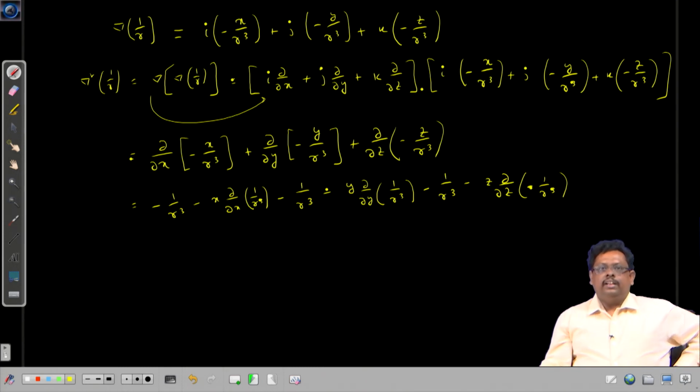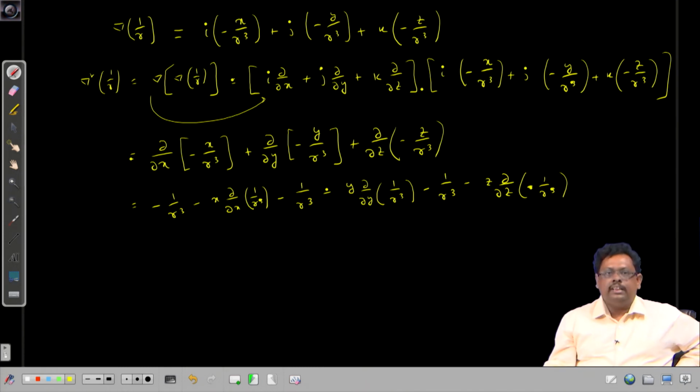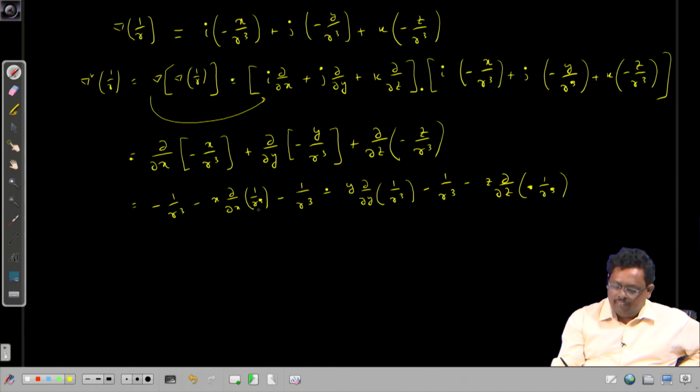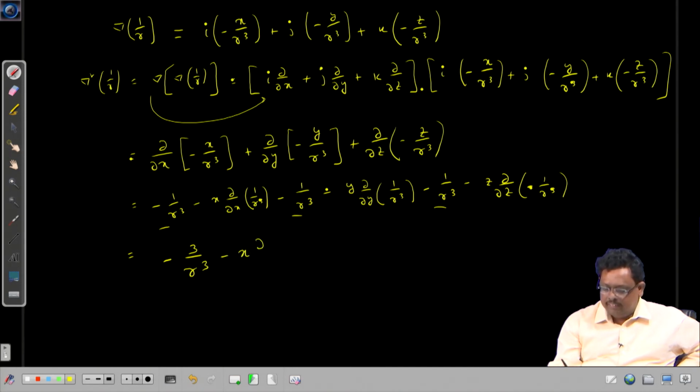So, this is something that you are going to see, and now if you do this, I will get minus 3 by r cube coming from here, and if you do here. Again, I know that I should write x into del r of, I am just doing for one. It is 1 upon r cube into del r del x.